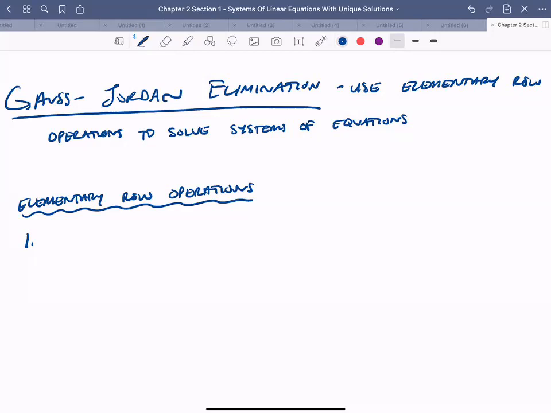The first one is one that we don't use quite often. We will need to use it, and I'll show you at the end of this lesson one example of what it looks like. The first one is that we interchange any two equations.